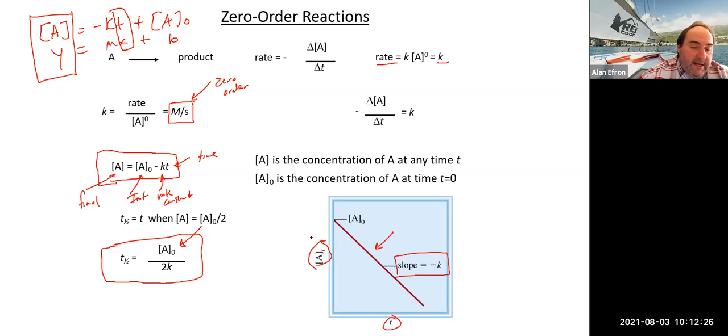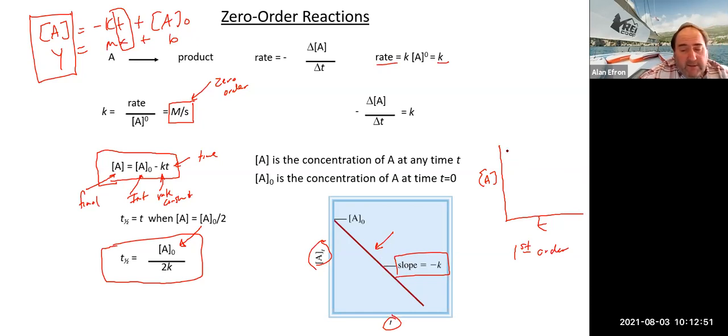Now, you may be saying, I think I've seen this graph, and you would be right. We did see this graph of the concentration versus time for a first order. It's the same two things being graphed, but the resulting graph is different. If you graph the concentration versus time and you get a straight line, you're dealing with a zero order reaction.